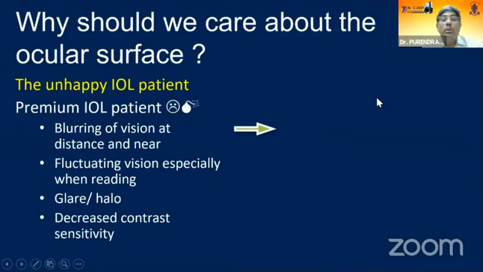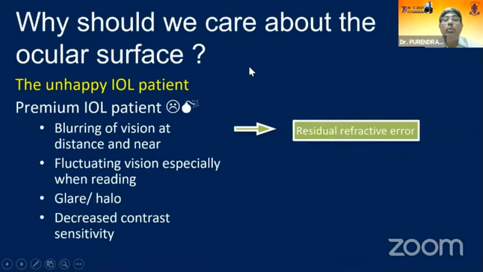So the question is, why should we look at the ocular surface? This is because we come across unhappy patients post cataract and IOL surgery. Nowadays, we know that IOL surgery is more a refractive surgery.